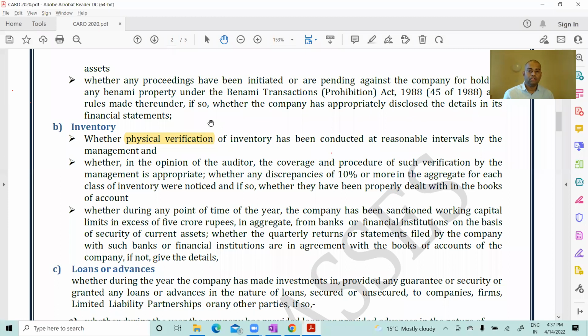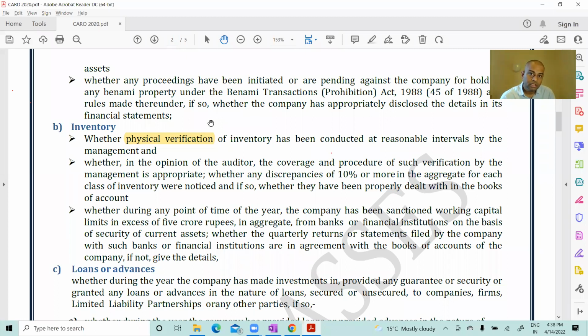Did it say, dear auditor, verify inventory physically? Or did it say, where the physical verification of inventory has been carried out by management, dear Mr. Auditor, observe. Do I need to observe management doing physical verification, or shall I go and do it? You tell me. I am auditor. Shall I observe when management is doing, or shall I go and do the donkey job?